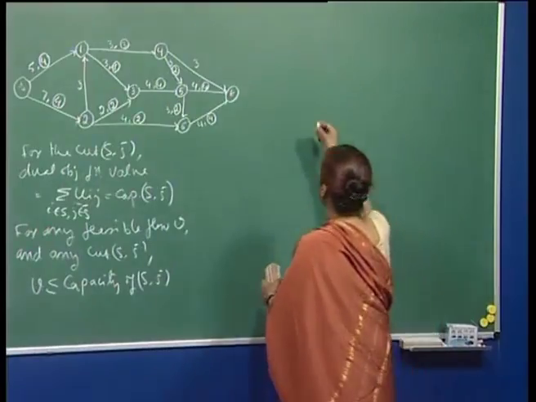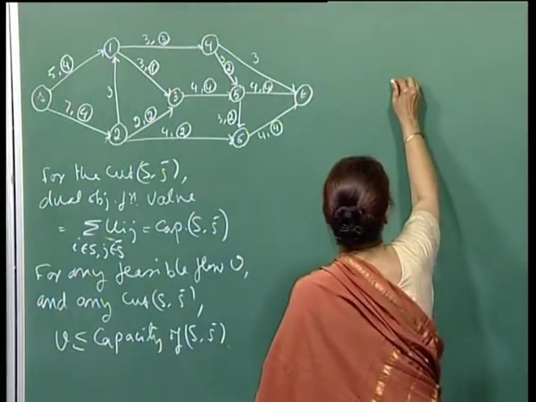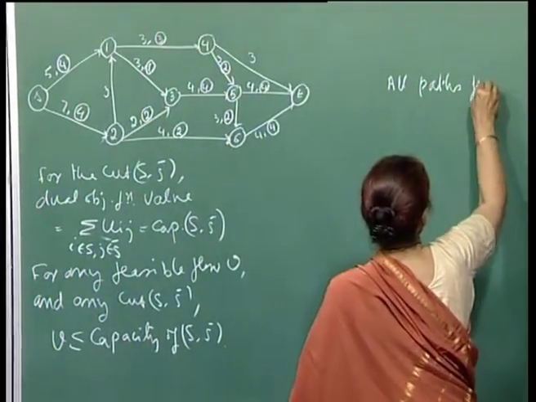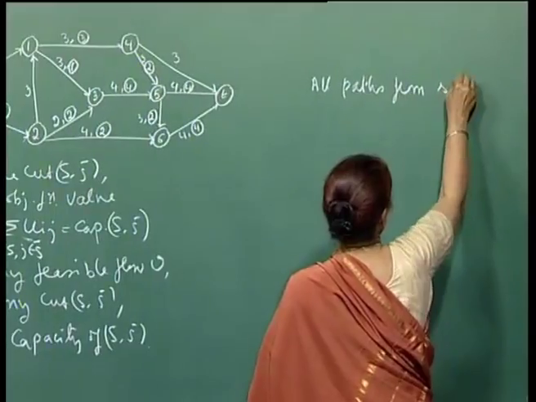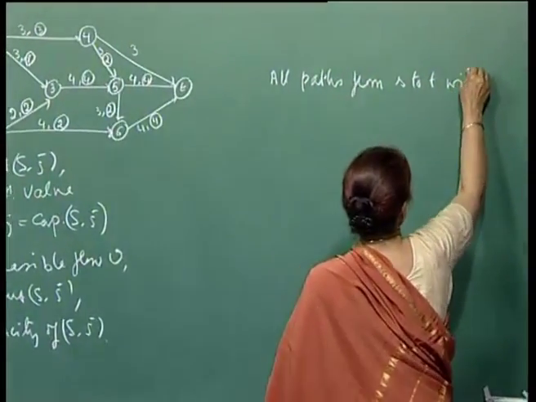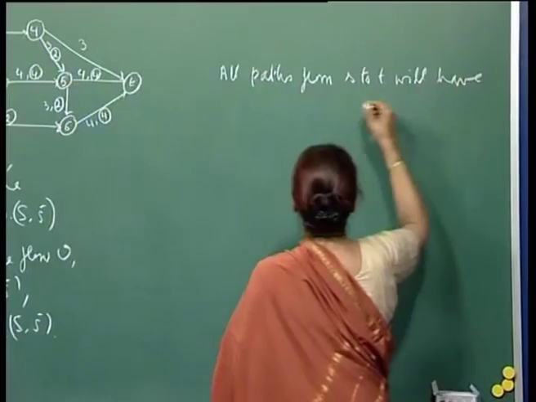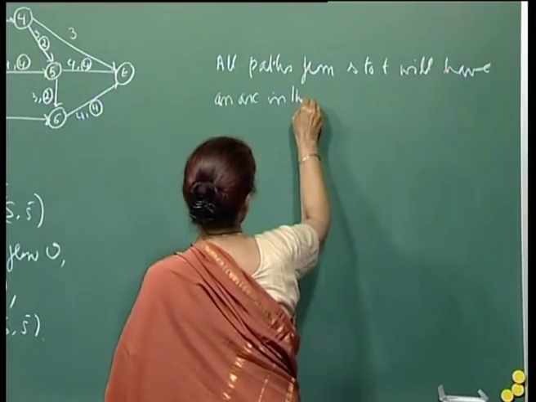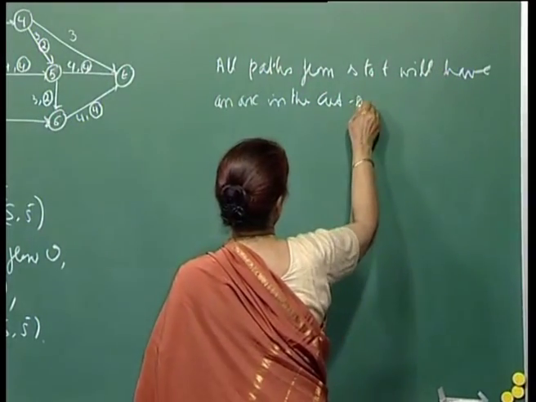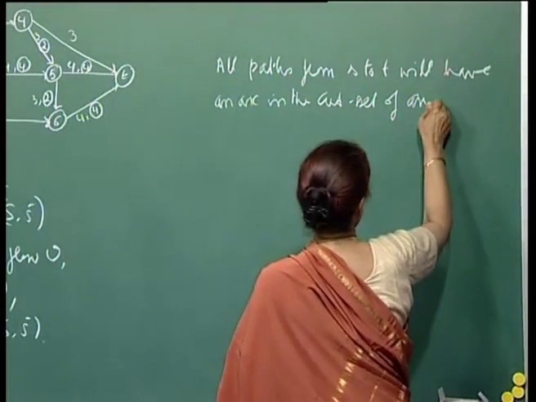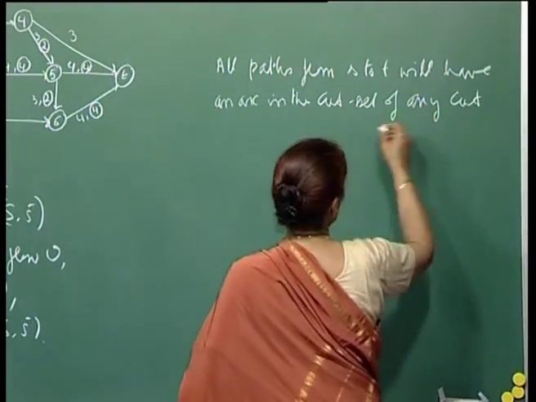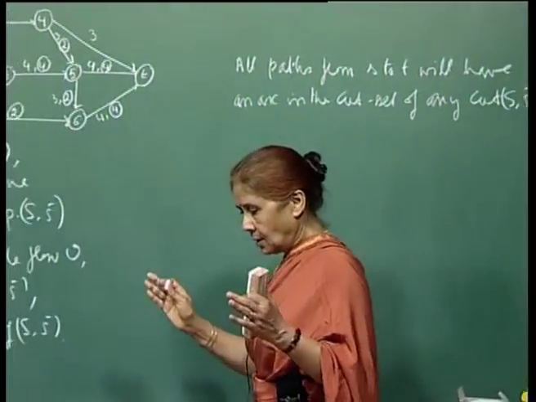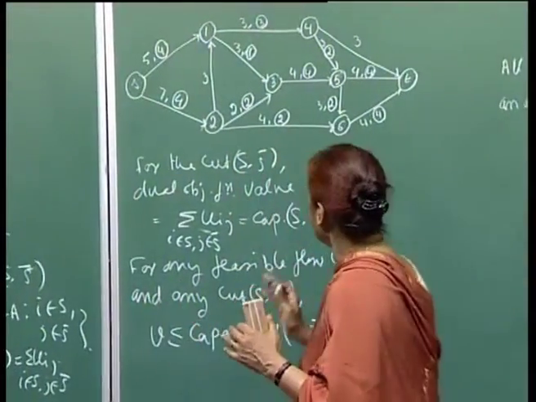Essentially another way to look at a cut is that all paths from S to T will have an arc in the cut set of any cut S, S bar, because it just divides the network into two disjoint sets, therefore any path.